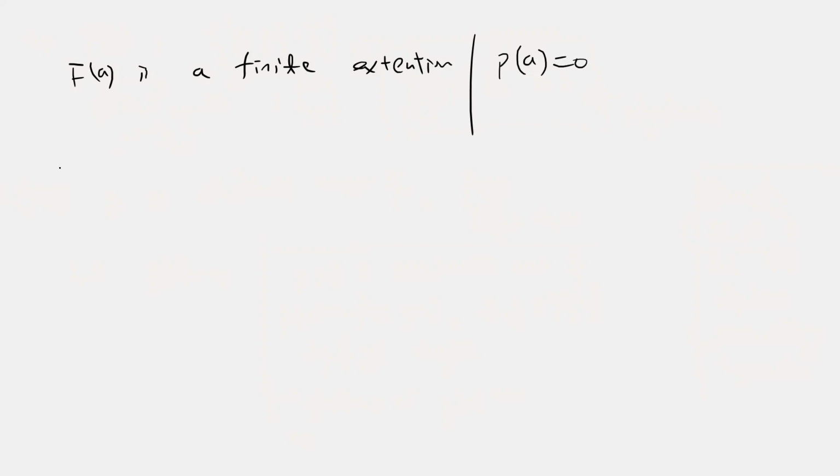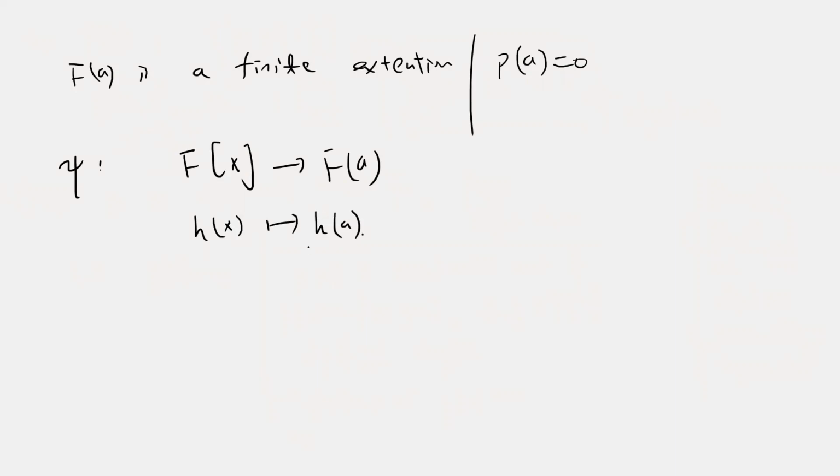So now I can construct a homomorphism called psi from F[x] into F(a), and this is simple: given h of x, just map it into h of a. So psi is a ring homomorphism, and then you can ask about the kernel.